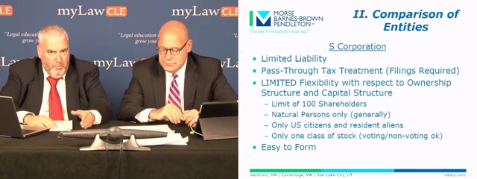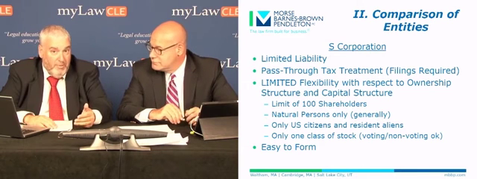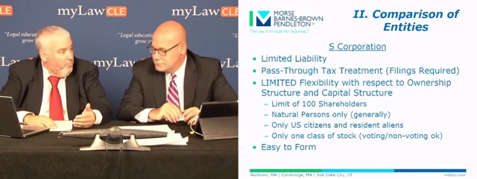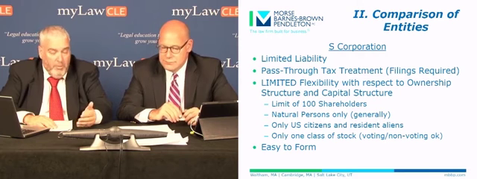Now, we will talk a little bit later about the S election. Generally, it has to be made within 75 days. There are some remedies available now that weren't even a few years ago if you miss the S election.